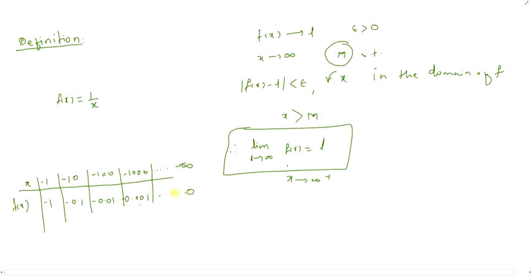So as x tends to minus infinity, 1 by x assumes values nearer and nearer to 0, and we write it as limit x tends to minus infinity of 1 by x is equal to 0.